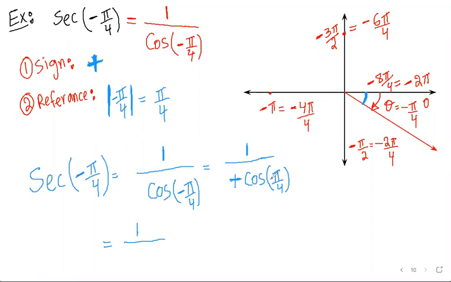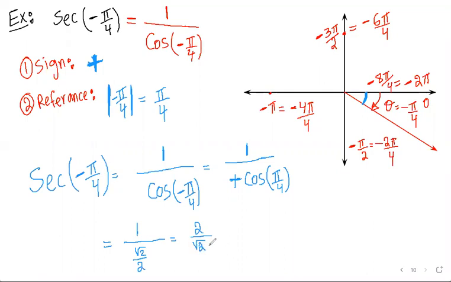From the table, it's square root of 2 over 2. And 1 over this is equal to 2 over square root of 2.